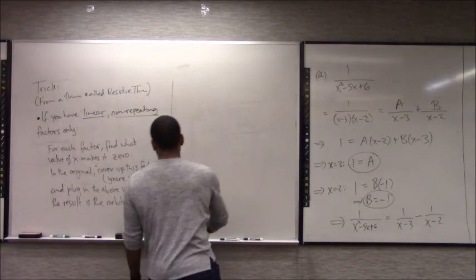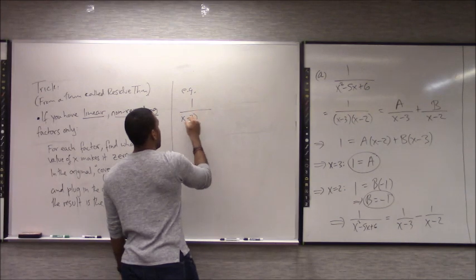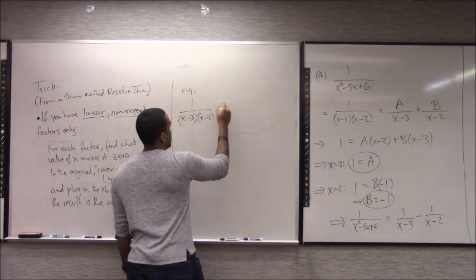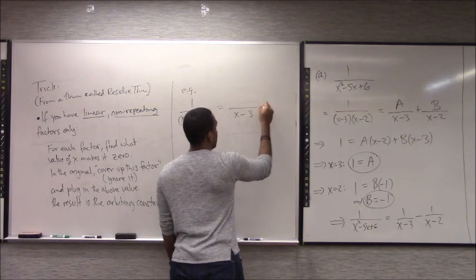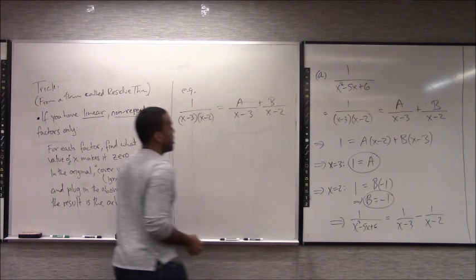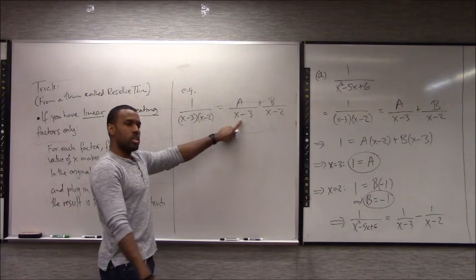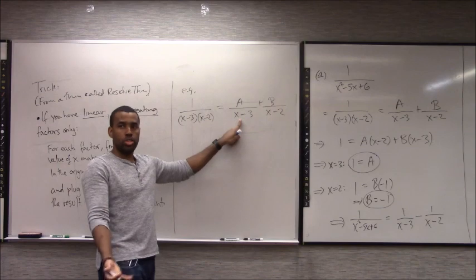So, for example, I have 1 over x minus 3 times x minus 2. And this is going to be A over x minus 3 plus B over x minus 2, right? Right away, what I can do is I can say, okay, what would make this denominator 0? Well, x equals 3.